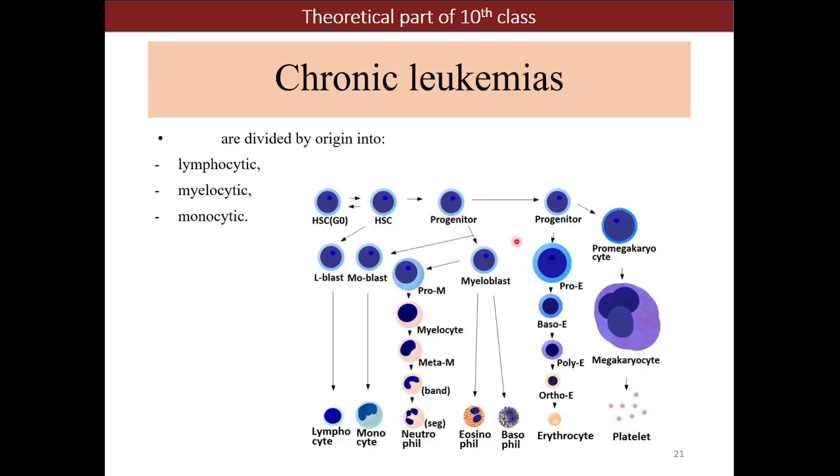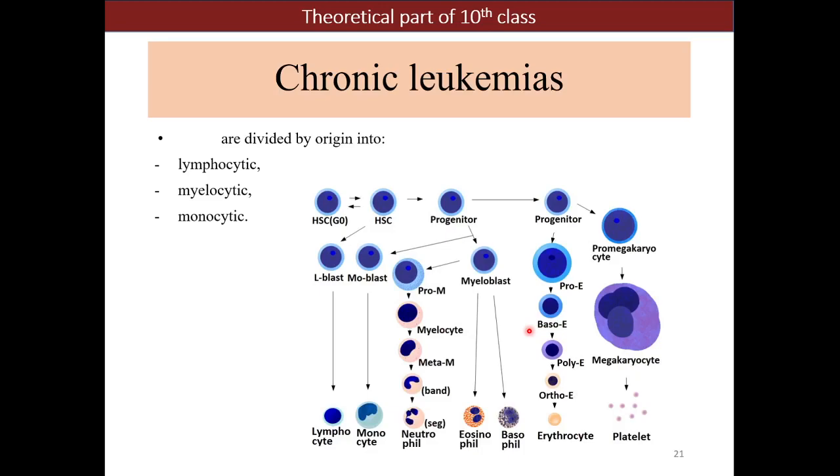Chronic leukemias. So we should see cytic forms of cells. They will be like myelocytes, erythrocytes, or megakaryocytes, and all other types of chronic cells which we may see on this scheme.